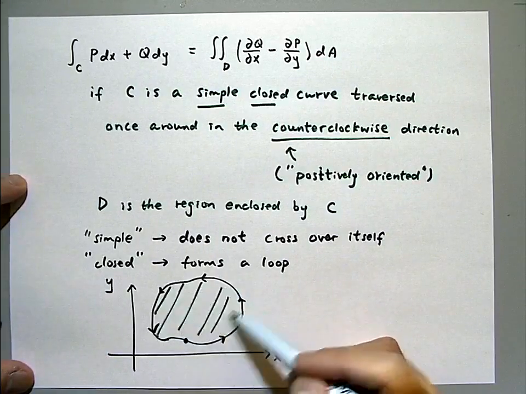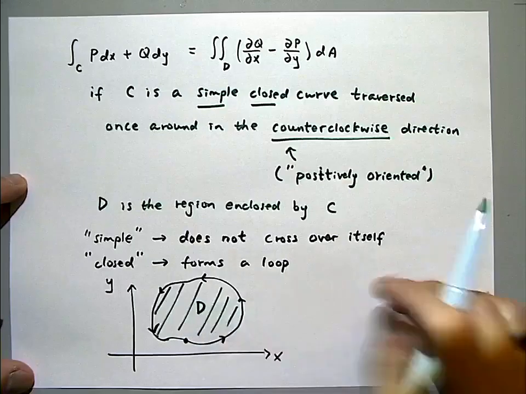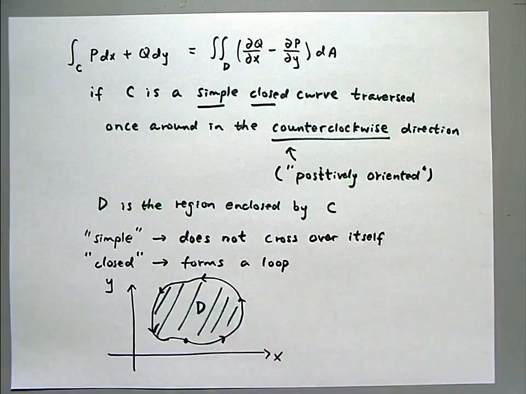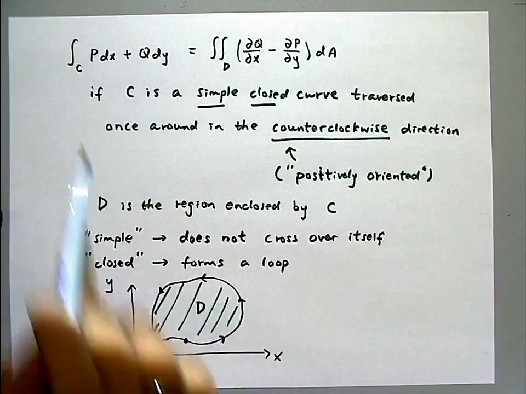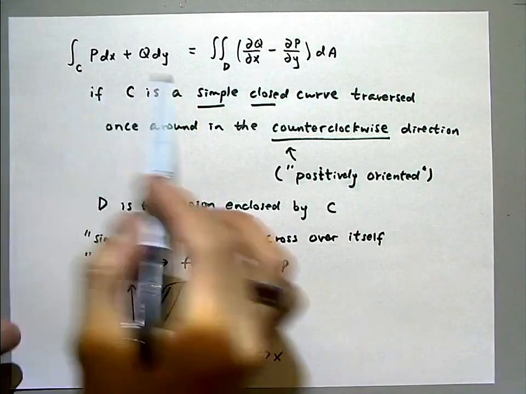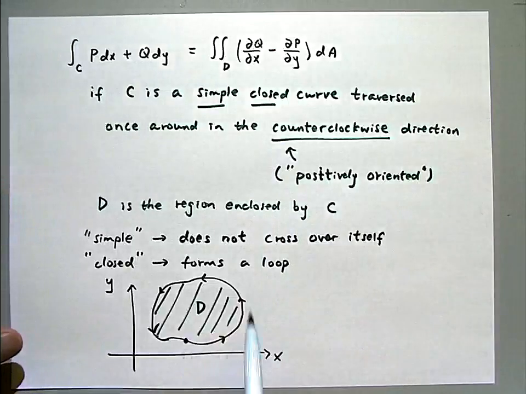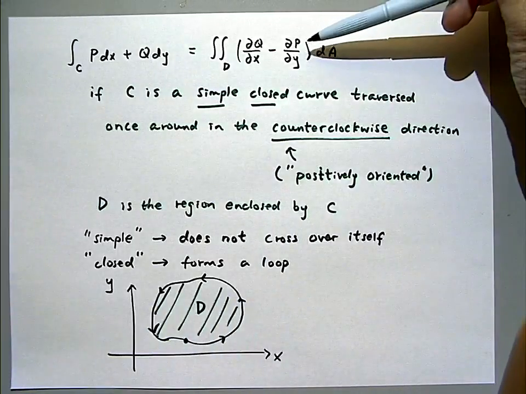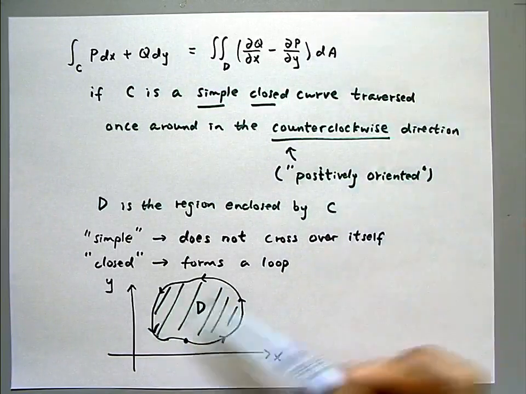And this shaded region here, this is D. So Green's theorem says that we can do a line integral the long way, the old way that you knew how to do, by parameterizing the curve and then doing the integration, or you could integrate this over this region D.